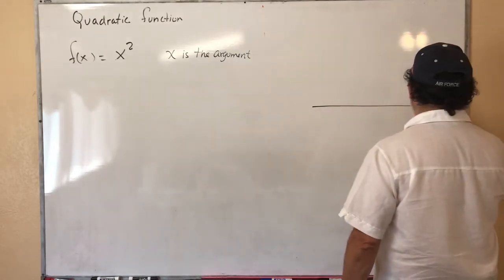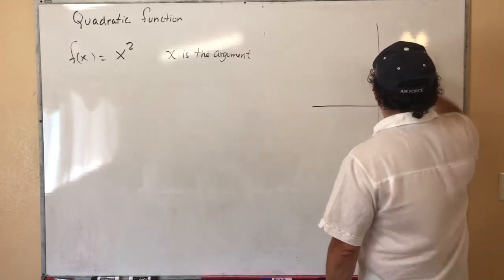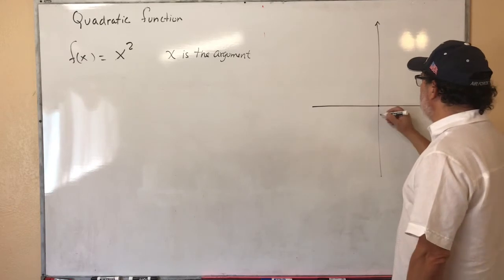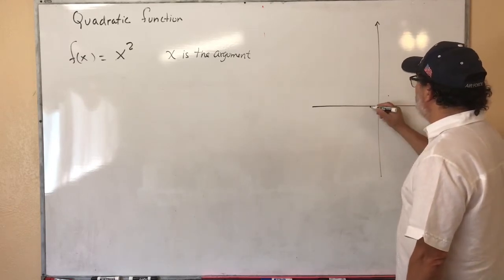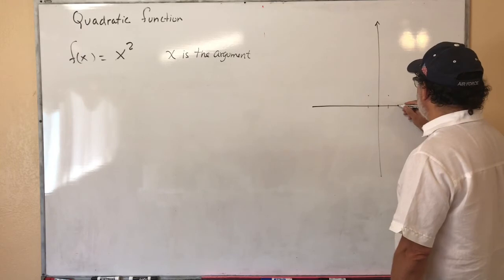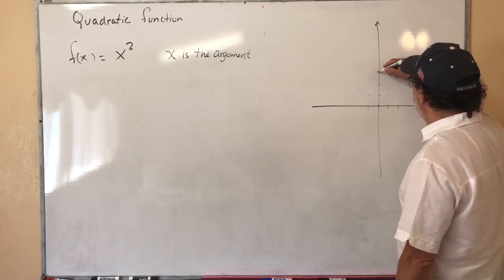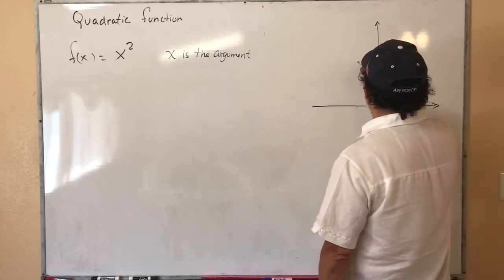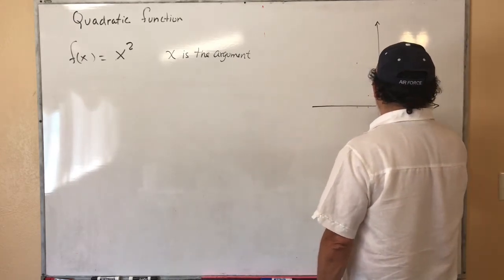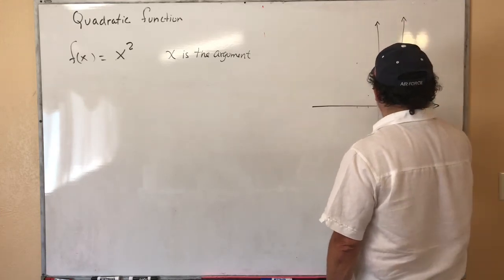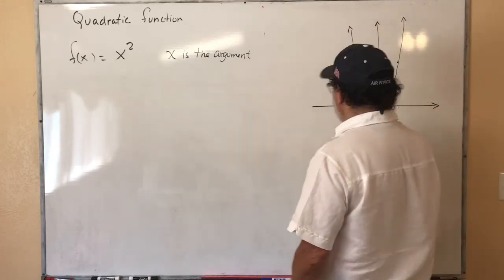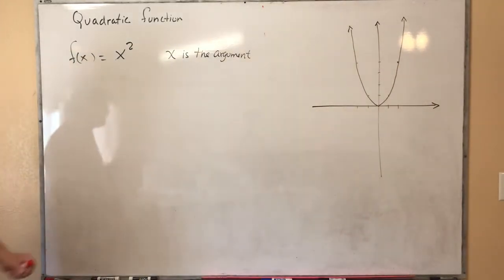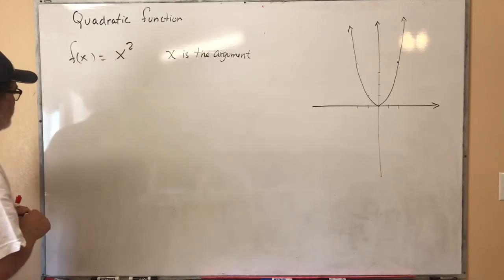So here's x, and here's f of x. What does the basic parabola look like? Well, the vertex is right there, and then 1, 1, and then -1, 1, and then 2, 4, and then -2, 4. And then we have this. That's the basic parabola. Don't forget the basic parabola. All right, so watch what's going to happen.